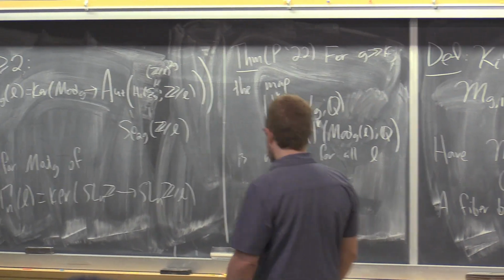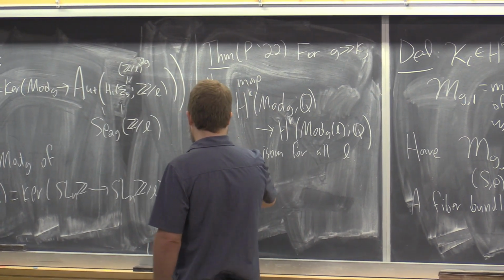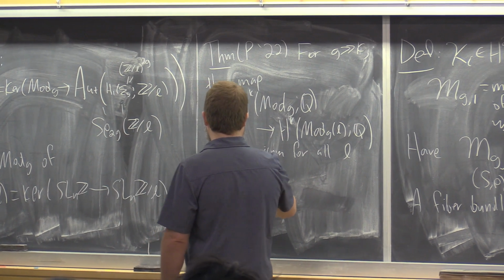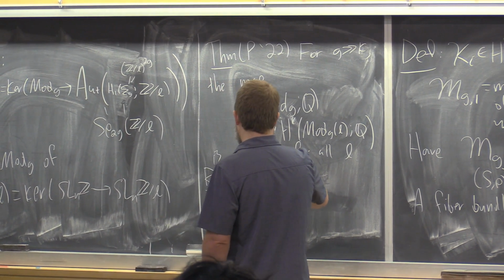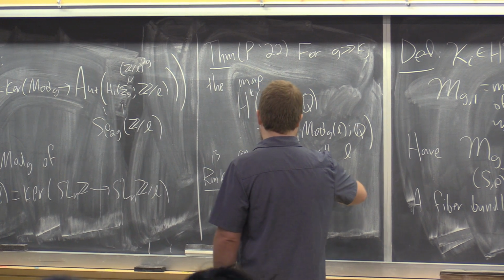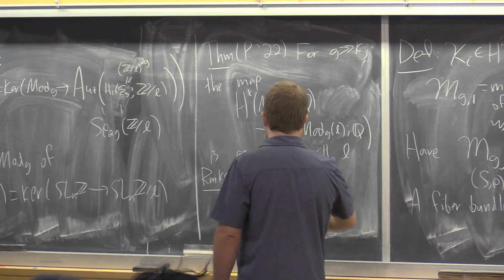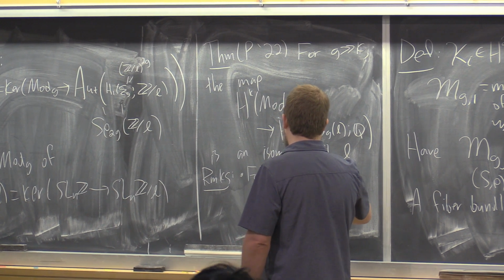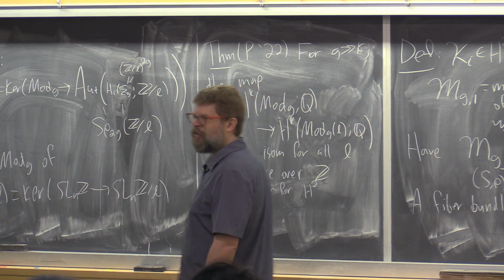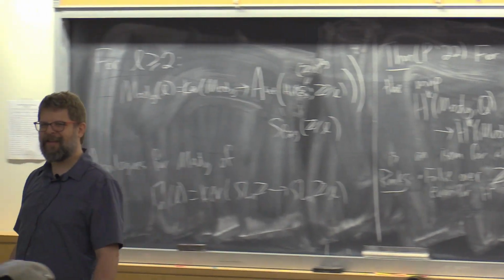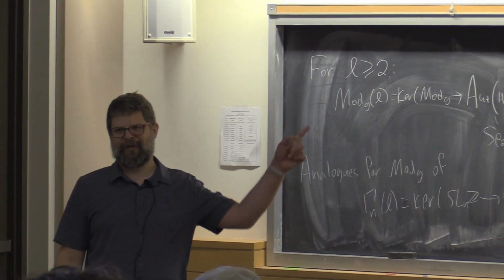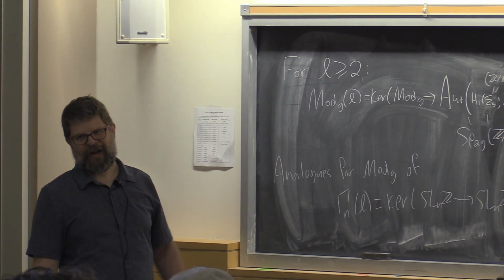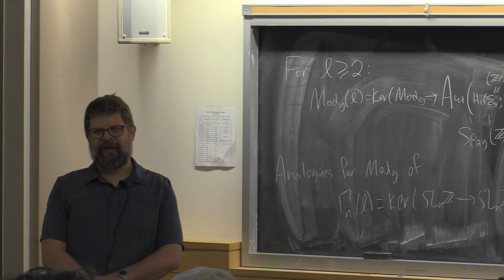Now, let me make some remarks. First, this is false over Z. In fact, even for H lower, that's what I've been doing through this whole talk, but really homology is a little more natural. There's exotic torsion classes.